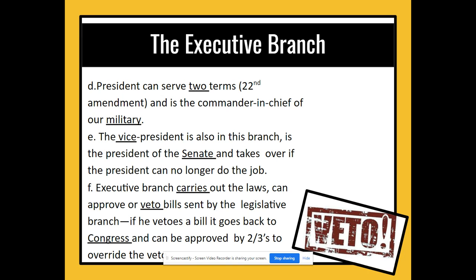If the president vetoes a bill, it goes back to Congress and can be approved by two-thirds in order to override the veto. So we talked earlier about the way that you have to go back and forth between the branches to determine if something is going to pass or not pass. And we'll talk about checks and balances after we break down the different branches of government.